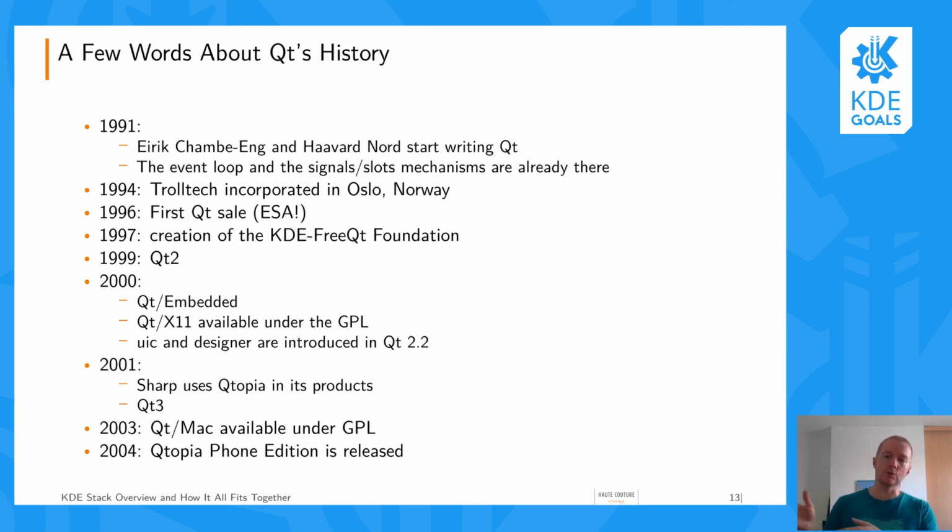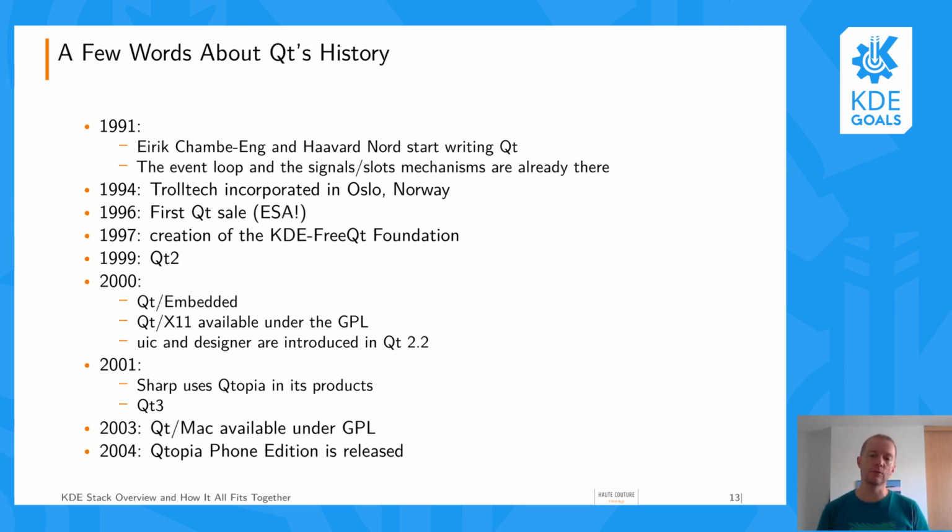Now, in parallel to that, there's also the history of Qt. Qt actually started a few years before KDE, so in 1991, by 2 master students in Norway. And basically, they did their master thesis based on the ideas of seeing how you could have a graphical toolkit with an event loop and a signal slots mechanism.